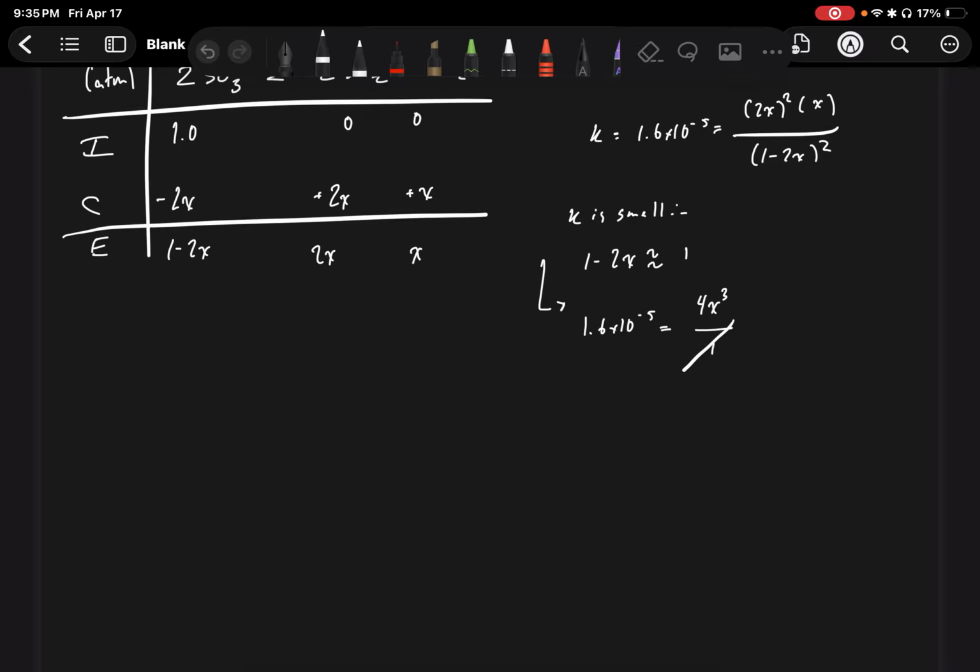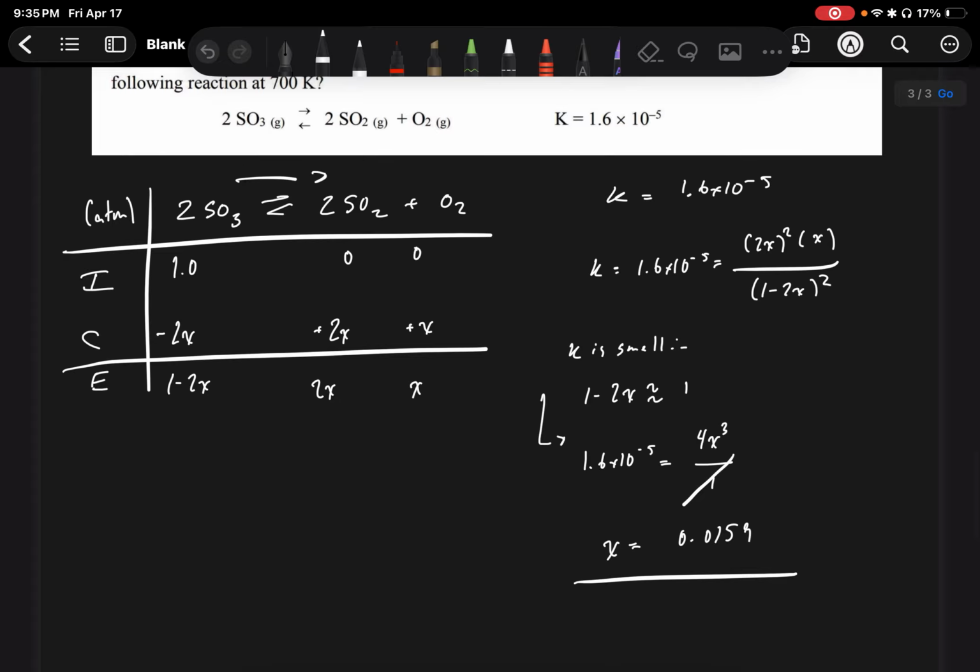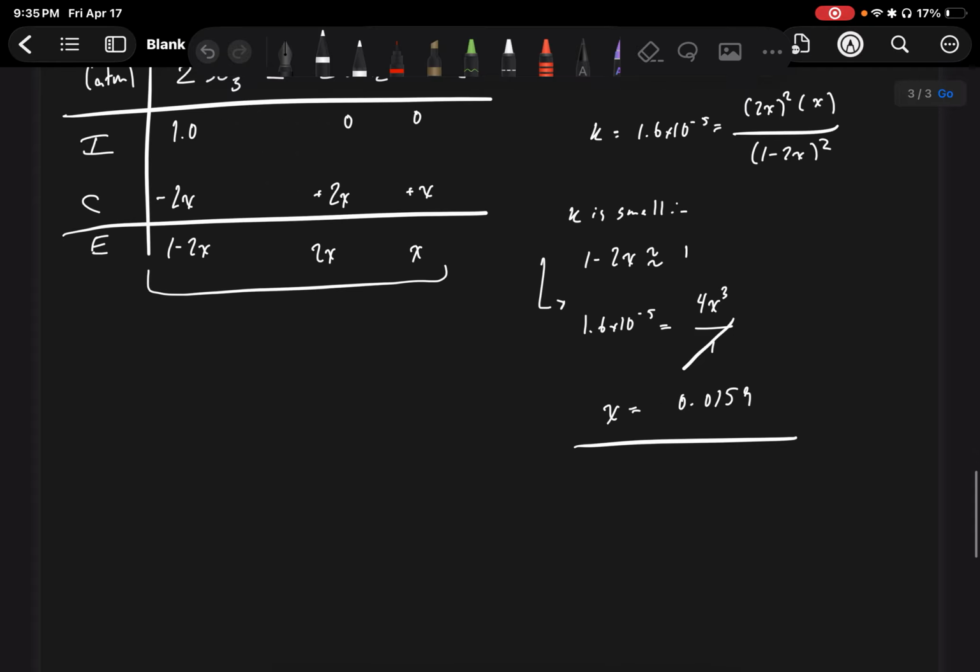I wish, but I'm not going all the way down to get my calculator right now. I'm just gonna look at the answer key and see if my work so far is right. 4x squared, yes, 4x cubed is equal to 1.6 times 10 to the negative 5. Yeah, okay, x is equal to 0.0159. Okay, so now the P total will just be all of these added up.